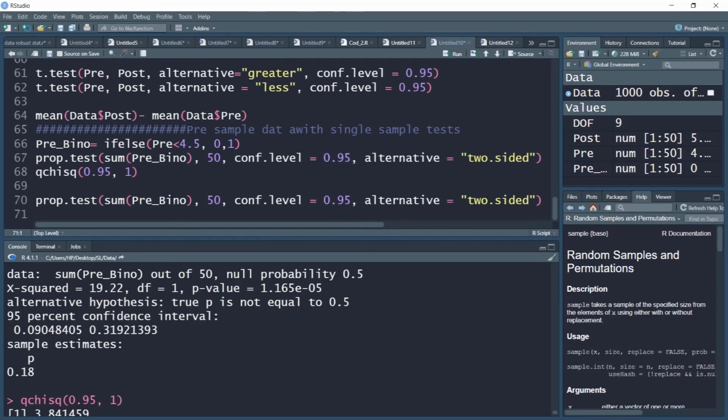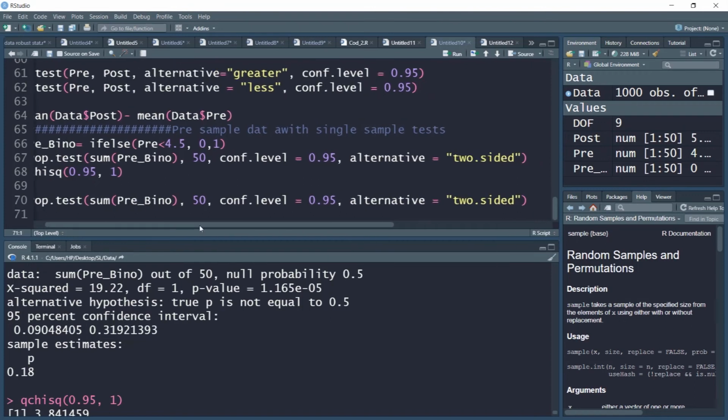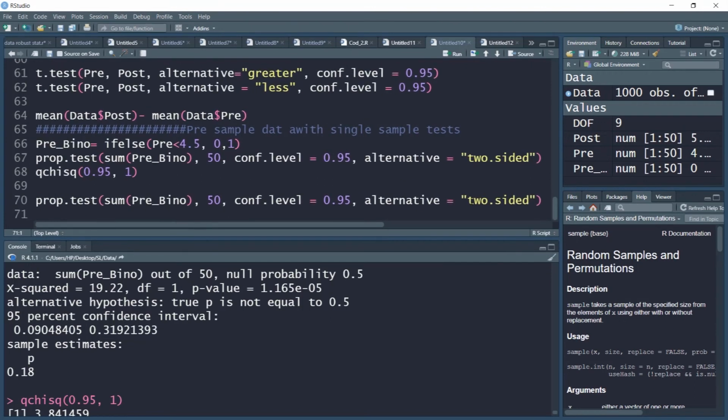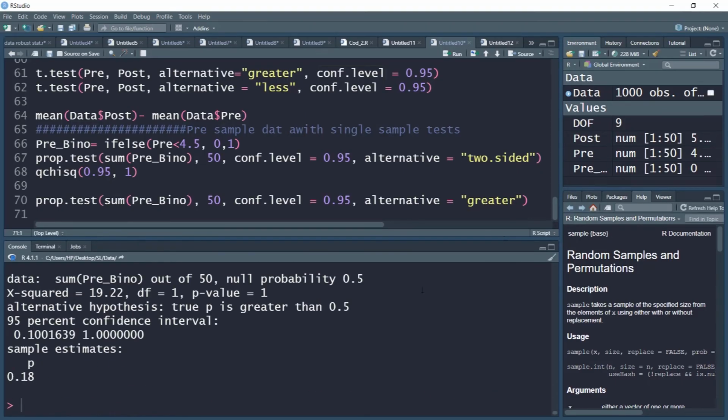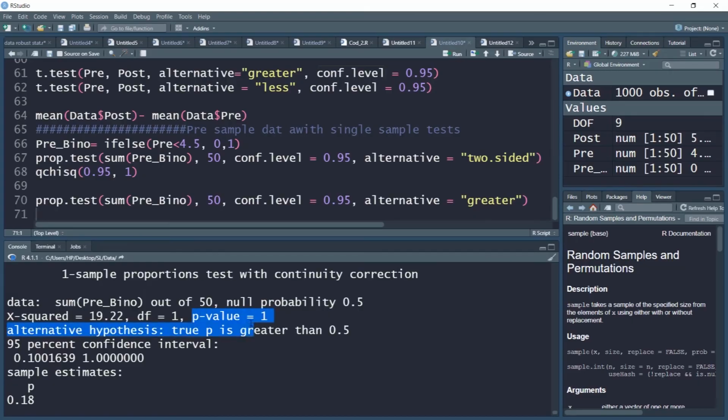So to conduct that kind of test, we need to design one tail test, and therefore first we'll put the argument as greater. That means we are checking whether those with a score of 1 have a higher probability than those with a score of 0, and let's run this command and notice the p-value is 1, which indicates that this hypothesis was indeed spurious. Why?